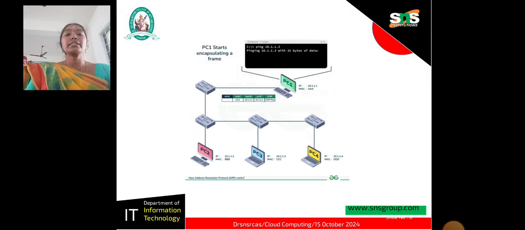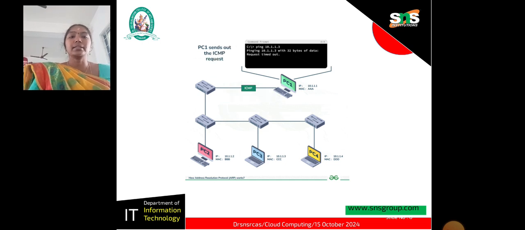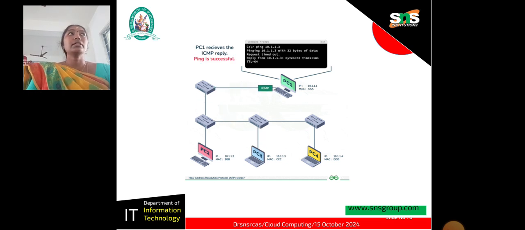This is the procedure. PC1 starts with the MAC address and passes it through the routers. Here the algorithm checks the IP address; if it matches, it takes it on and delivers the data. These are the operations held in ARP.